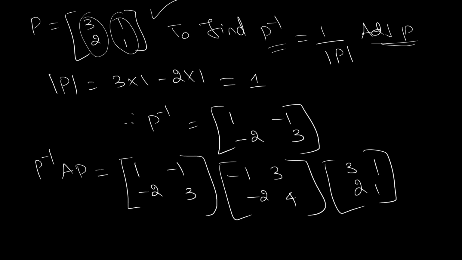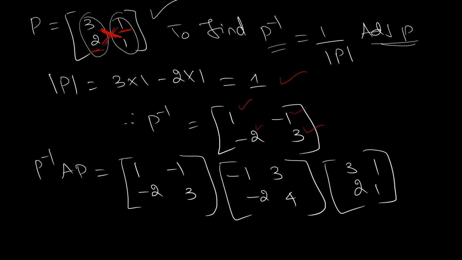What we are going to do is change these places. So if I change this place, 1 will come here and 3 will come here, and change the sign for the rest of the two. So -2, -1. If you do this, it is easy. And determinant of P is 3 into 1 minus 2 into 1. So 3 minus 2, 1.